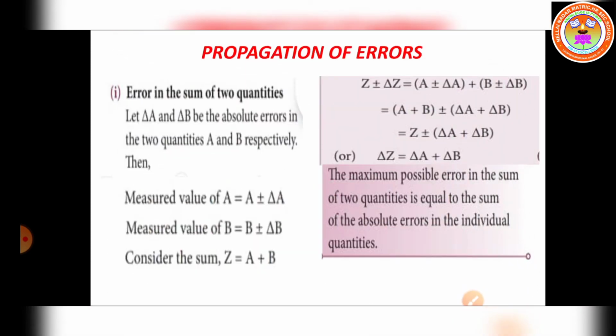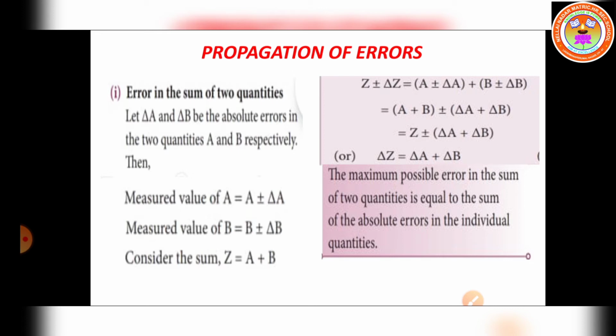Now let us move on to propagation of errors. A number of measured quantities may be involved in the final calculation of an experiment. Different types of instruments might have been used for taking readings. Then we may have to look at the errors in measuring various quantities collectively.